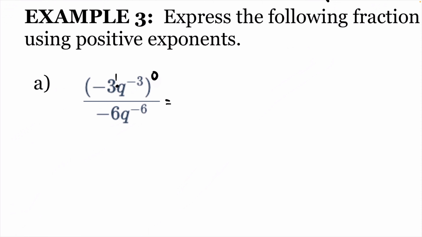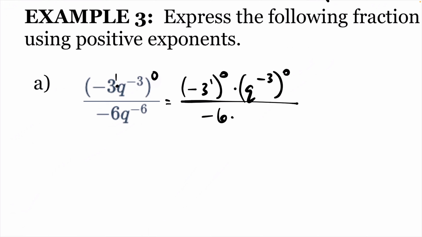Negative 3 doesn't have a power. It's actually 1. So negative 3 to the first gets a 0 power. Q to the negative 3 gets a 0 power. Bottom stays the same, because each of these guys got a 0 power.